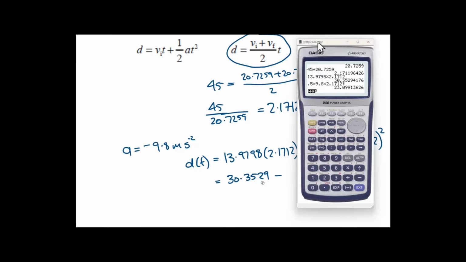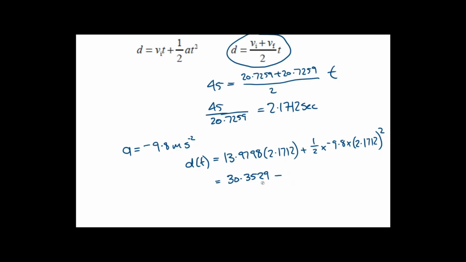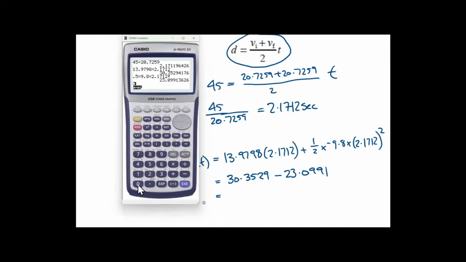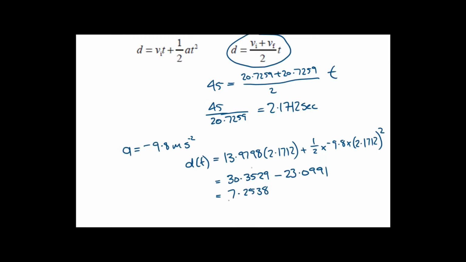It's all in one go. Minus 23.0991. So after those 2 seconds where it reaches that 45, 30.3529 minus 23.0991 is 7.2538 meters in height above the ground, which is greater than 3 meters. So yes, presuming it's on target, it makes it.